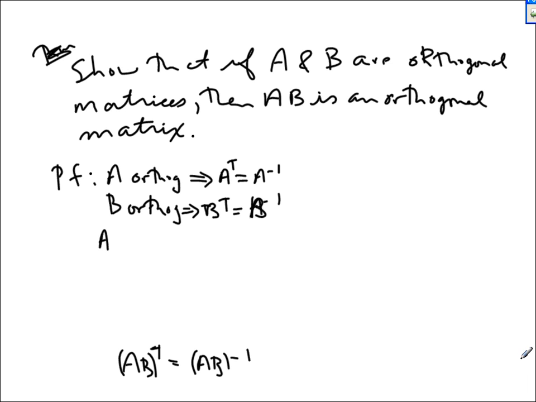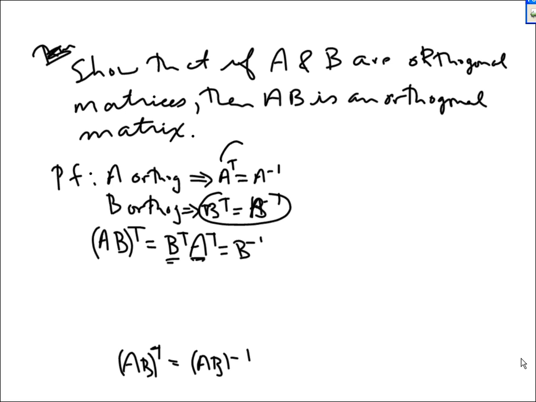Okay. Now, AB transpose, we know, is B transpose times A transpose. But B transpose is B inverse. So instead of B transpose, I'll put B inverse times A transpose. But A transpose is A inverse. Okay, but we can switch the B and A and say it's AB inverse.